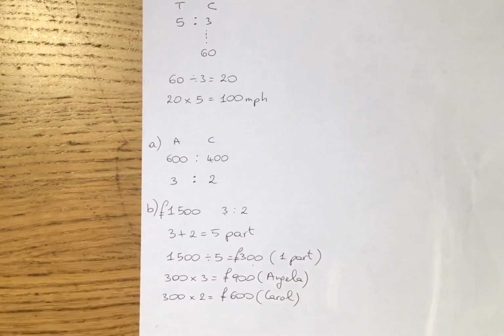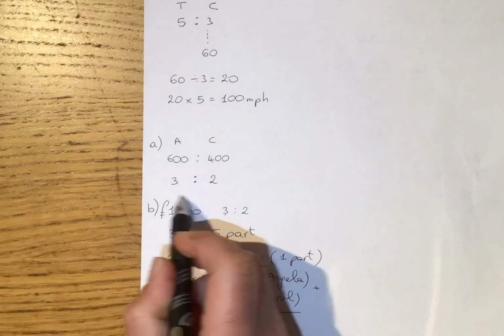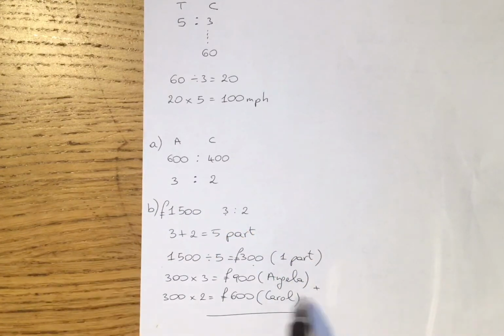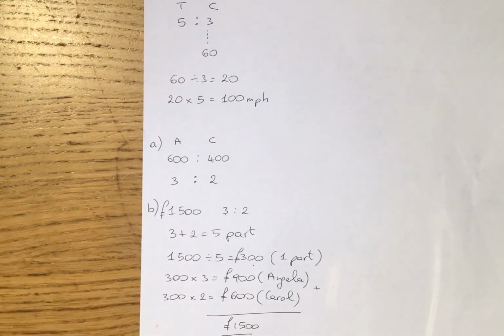That's what Carol gets. Make sure that if you add up what Angela and Carol get, you should get what you started with. So 900 plus 600 is £1,500, which is what we started with.